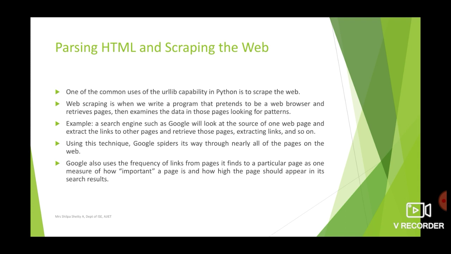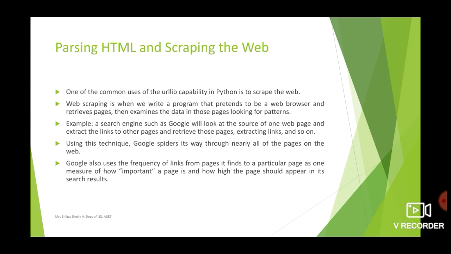The number of times we access a particular page, that is the frequency, is taken into consideration. That means we count the number of times a particular web page is being accessed. Based on that frequency, we can determine which page is important for a user and where it has to appear in the result.